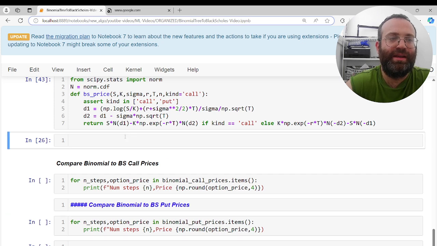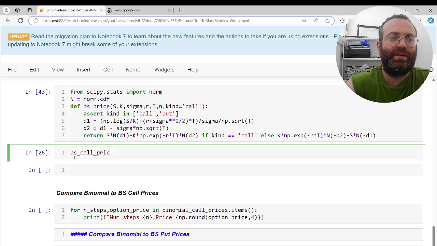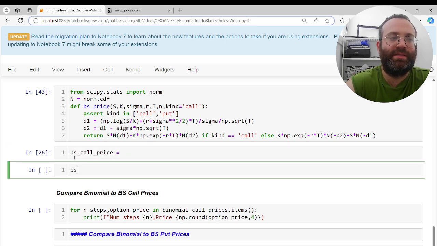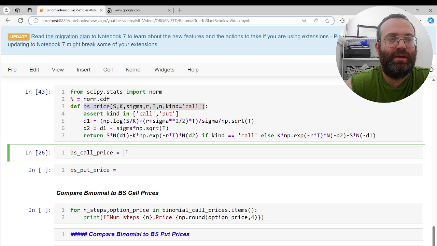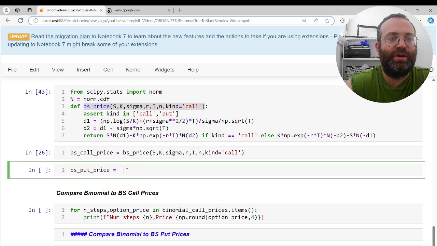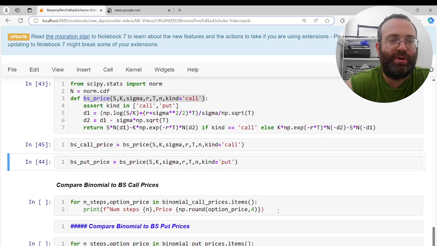Sorry for the delay. Let's get the Black-Scholes BS call price equals this, BS put price equals this guy with put. Great. Now, do we have the answer? Let's print this out after.